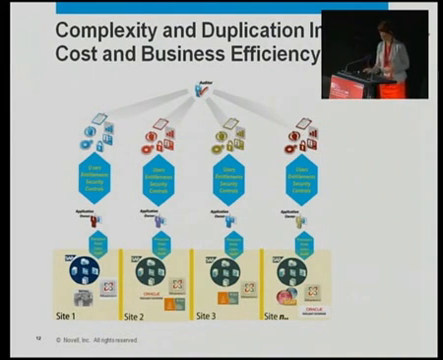And you find this picture not only within different departments of an organization. This also happens if you acquire another company, and after an acquisition, of course, you have separated systems and have to work on a harmonization between these systems.